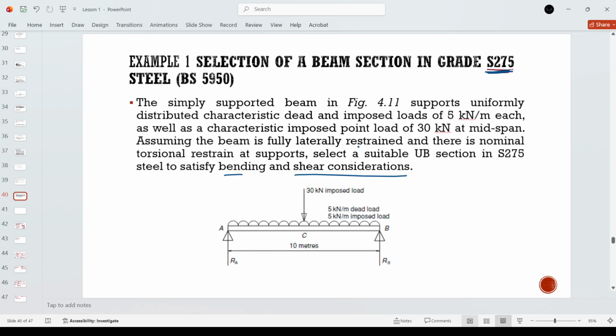So I am going to the next slide. For this case, I think I will not use a slide. Let me just use the Word document so that I can have a bigger page. Okay, file, new.